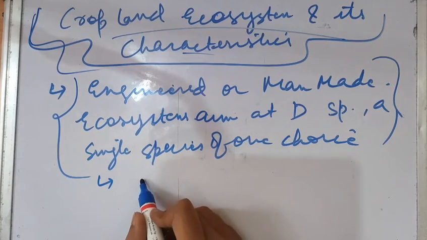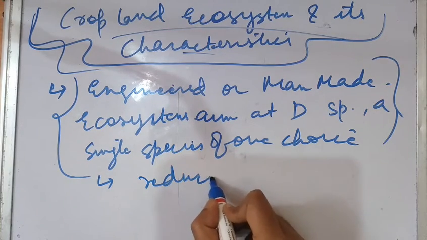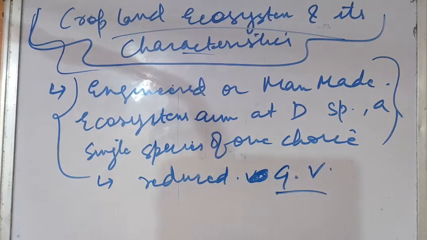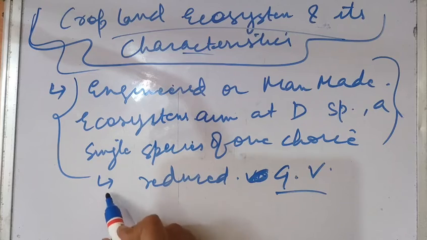Its signature feature is reduced genetic variation. As we grow the same crop or same species year after year, season after season, the genetic variation of other crop species is reduced.